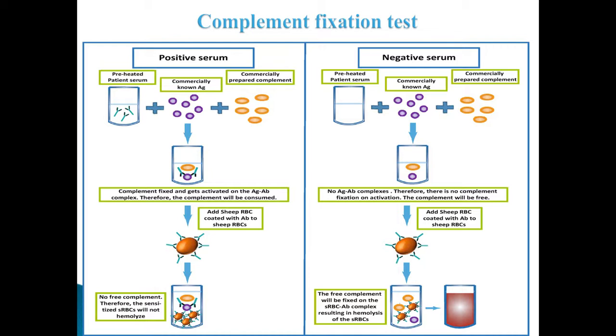In the second step, a hemolysis indicator system is added. It consists of sheep RBCs coated with their antibodies, called amboceptors, prepared by injecting sheep RBCs into rabbit.